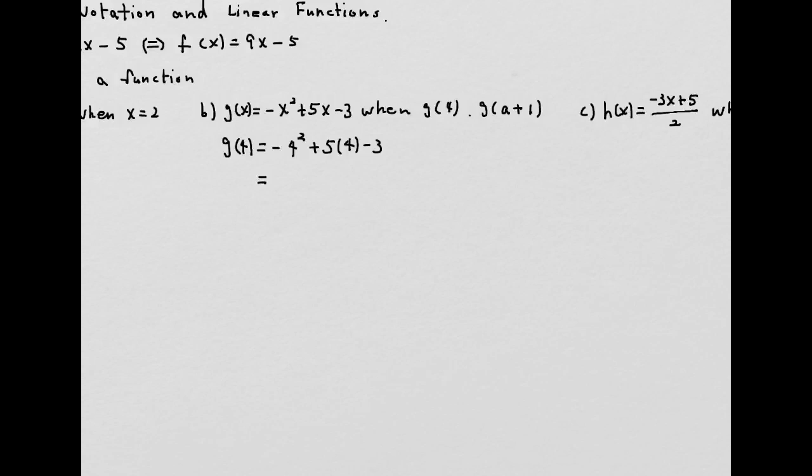Then you get negative 16 plus 20 minus 3. You have negative 19 plus 20, so you have 1. So your g of 4 will be 1. What does that mean? When your x is 4, your y will be 1.